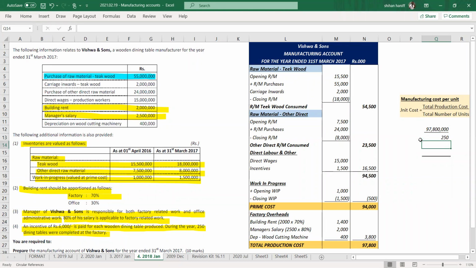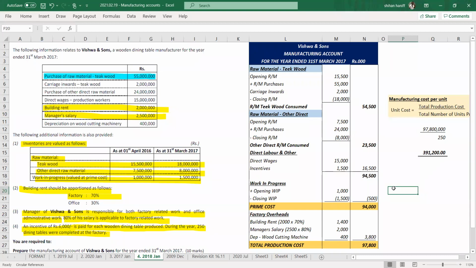It's a huge amount. One dining table is 391,200. Okay.